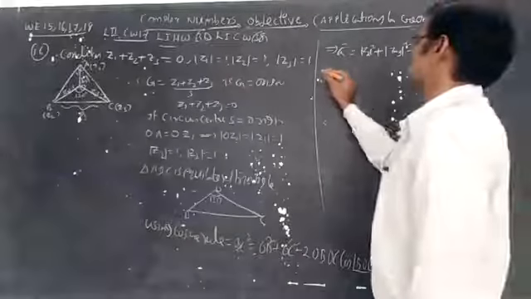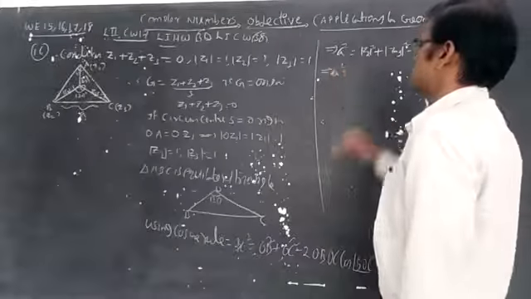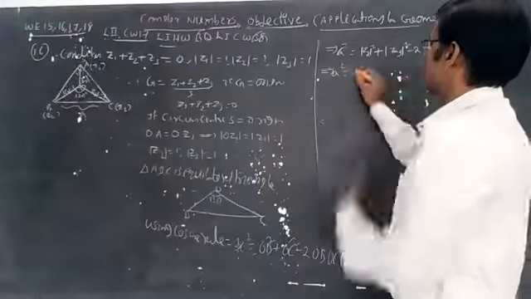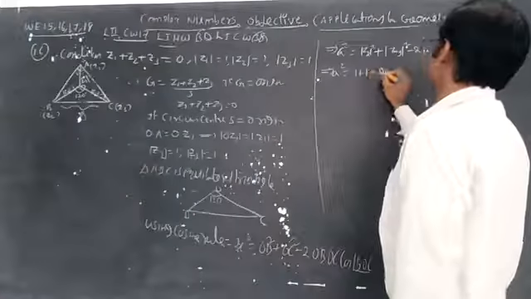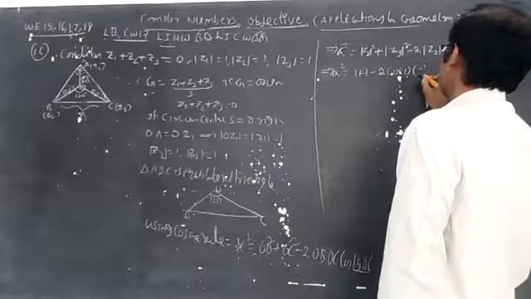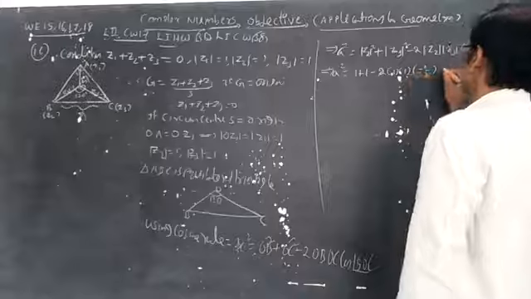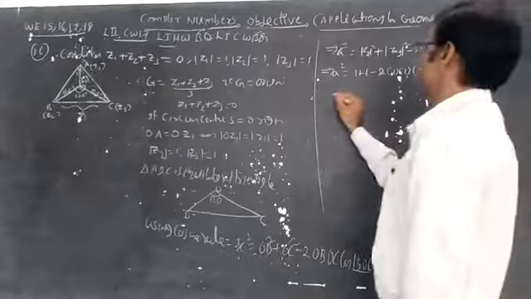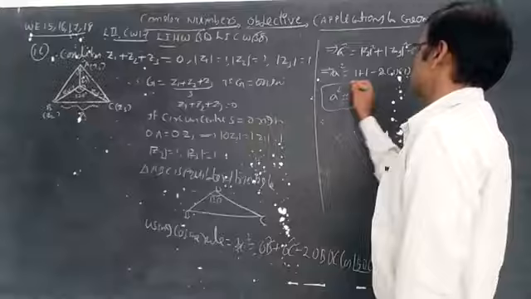That implies a square, the side of the triangle, is 1 plus 1 minus 2 into 1 into cos 120 value, minus 1 by 2. So the 2 gets cancelled, 1 plus 1 becomes 3. So a square is equal to 3.